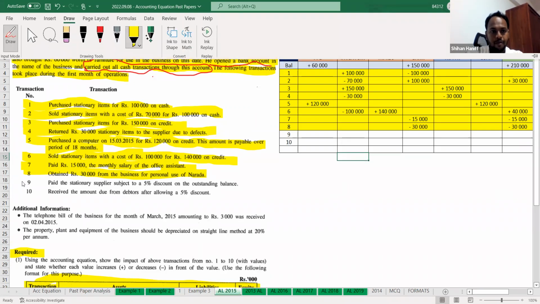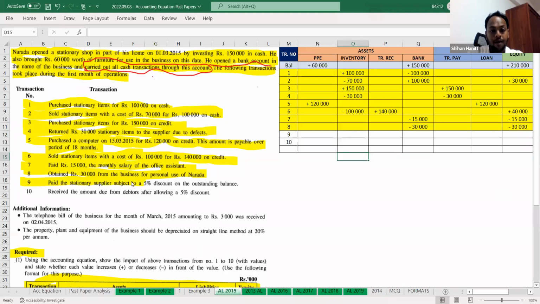Number 9. Paid the stationery supplier subject to a 5% discount on the outstanding balance. Here, you should be able to calculate the outstanding balance. We purchased 150,000 and returned 30,000, so the total is 120,000. From this 120,000, we are giving a 5% discount. 10% is 12,000, so 5% is 6,000.